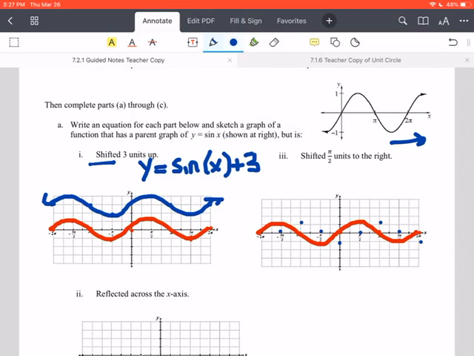So now if we look at what is happening, we can see 2 full periods of the sine wave occurring, but you can notice that the peaks and the valleys and the x-intercepts, everything is shifted over pi over 2.